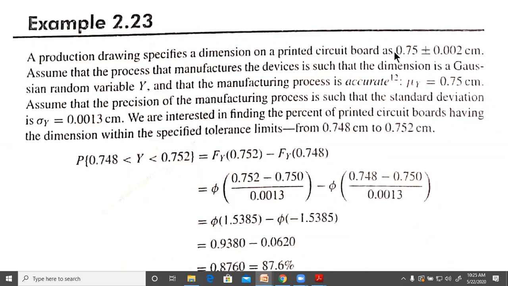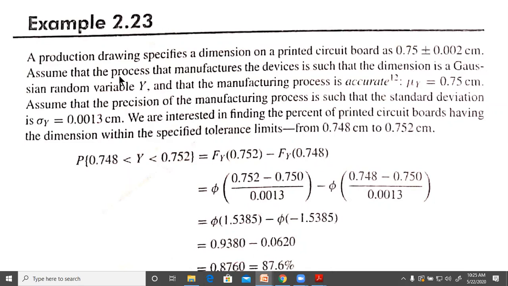On the one side it will be 0.75 minus 0.002, that means 0.748. On the other side it will be the plus sign, that will be 0.752. That's why we have the range here. Okay, 0.752 and 0.748.